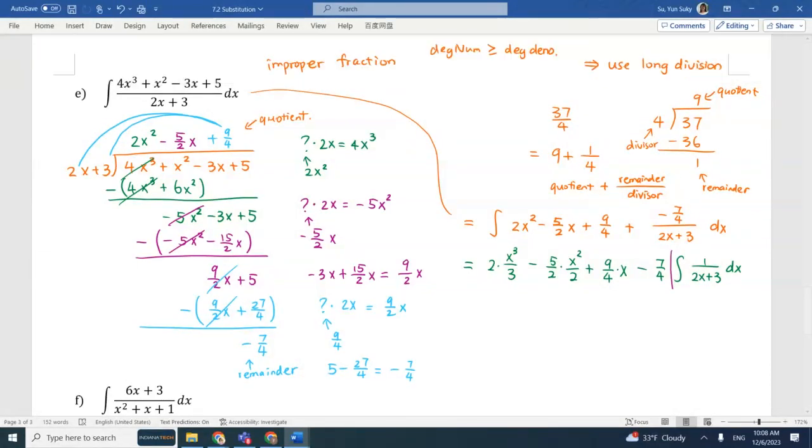Let's say this is the integral I, and we want to use u substitution. What is the u? Yeah, 2x plus 3, the denominator. Then what is du?